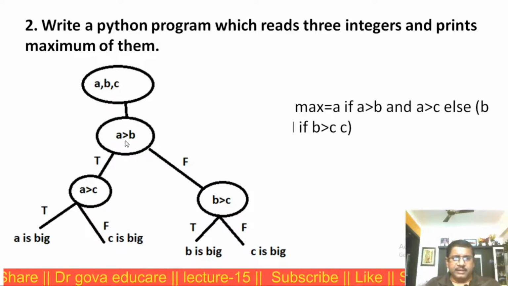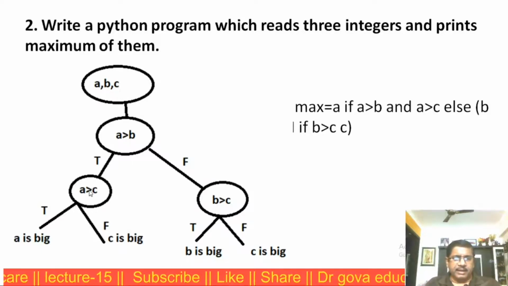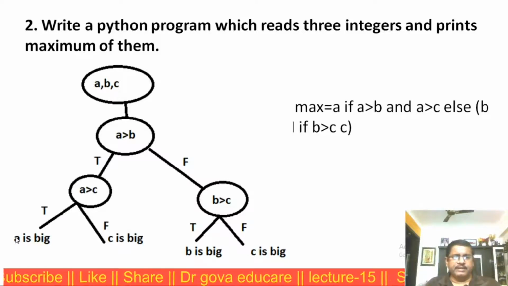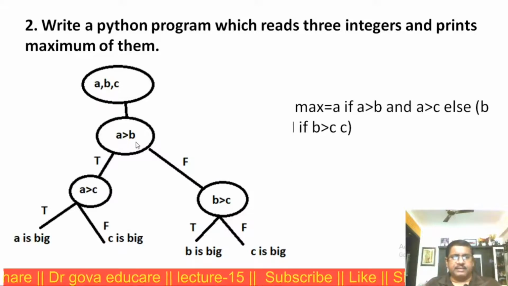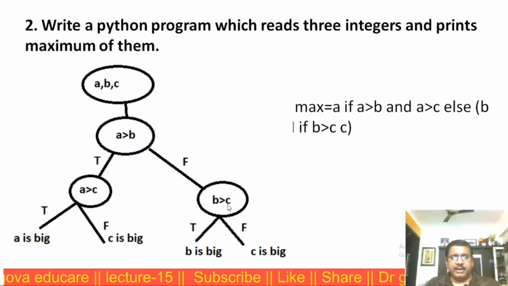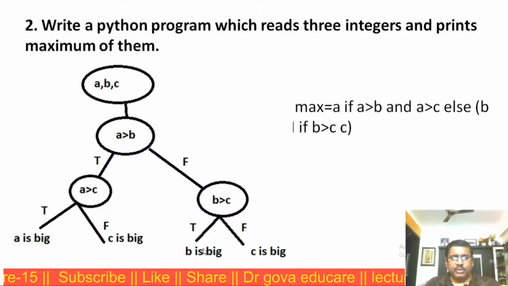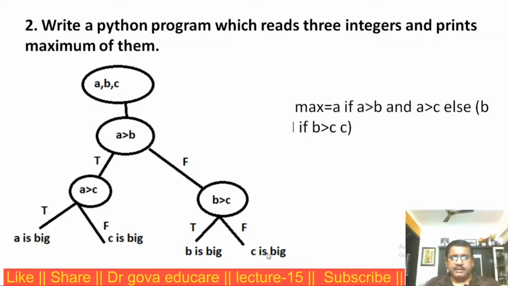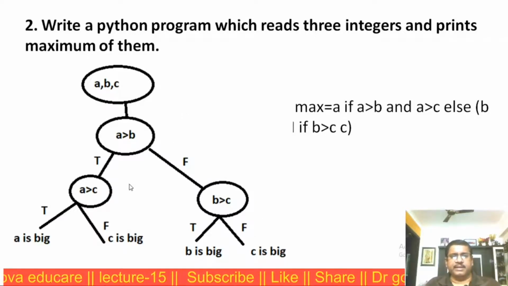That is, the condition is: if a greater than b and a greater than c, a is big. Otherwise, I will compare b greater than c. If it is true, b is big. False, c is big. Based on this, I am writing the value.